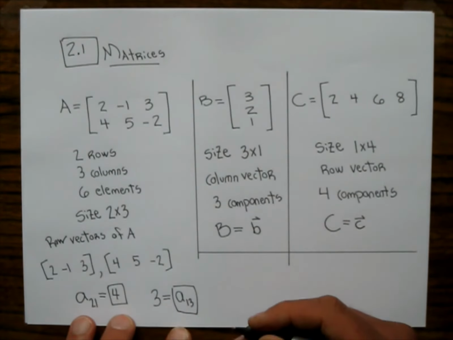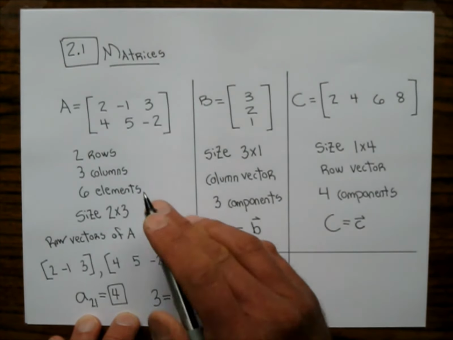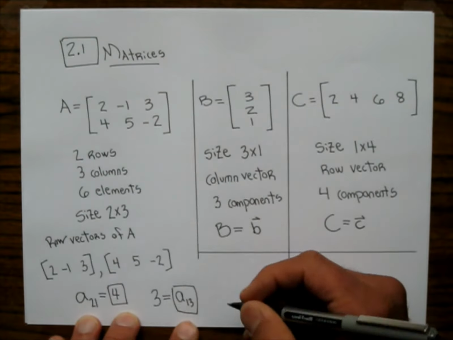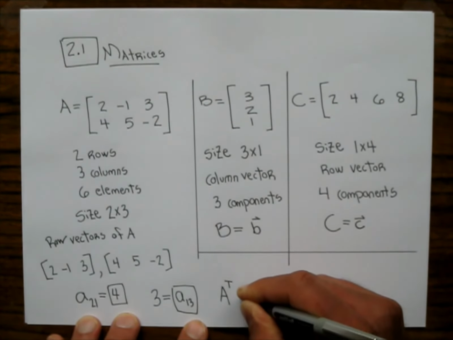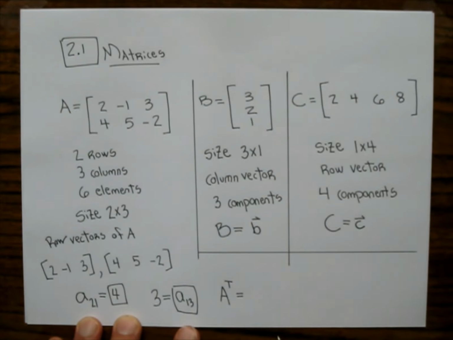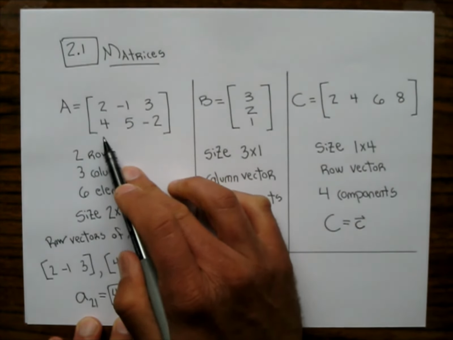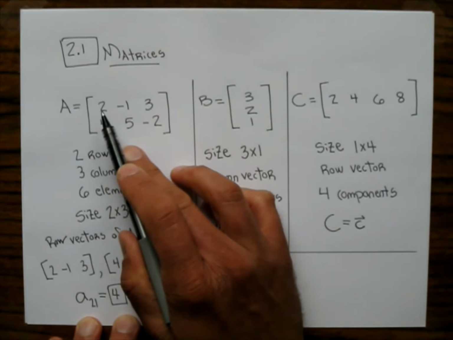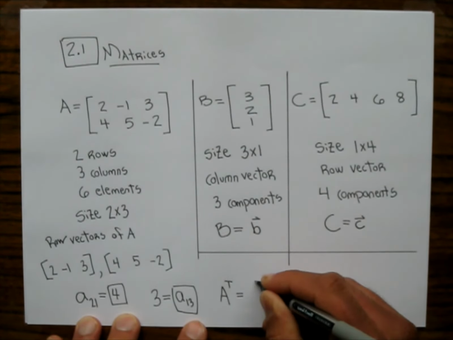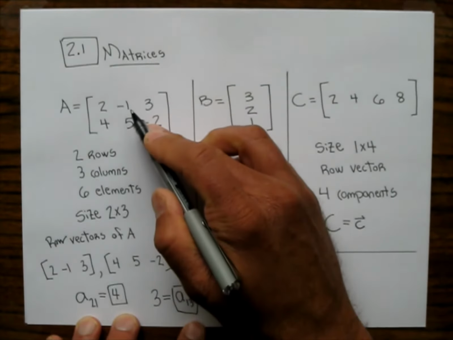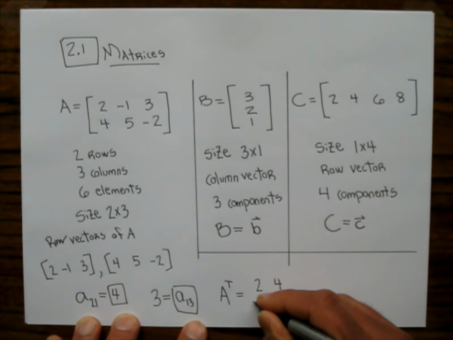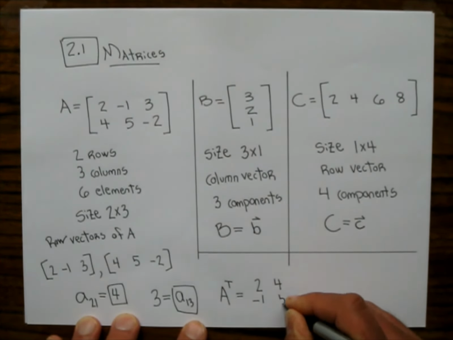So let's ask, on this example for matrix A, what is the transpose? It's really not that hard. What you want to do is write the columns as rows. The first column says 2, 4. We're going to write that as the row 2, 4. The next column is -1, 5, so let's write that as -1, 5 along the second row.